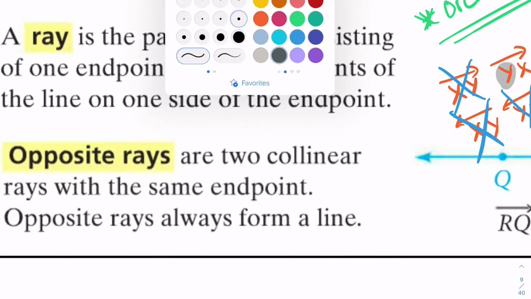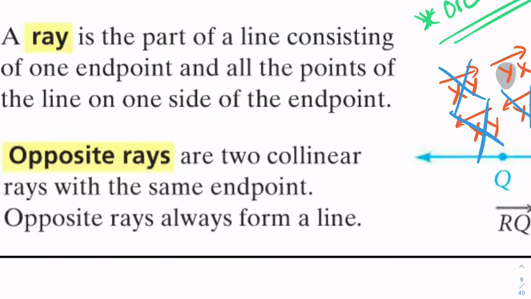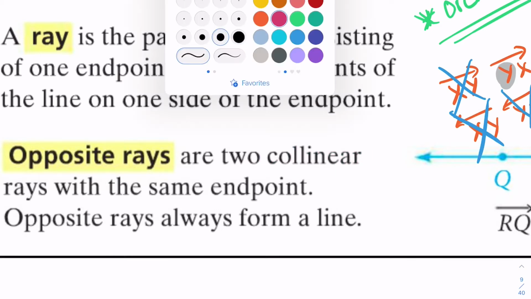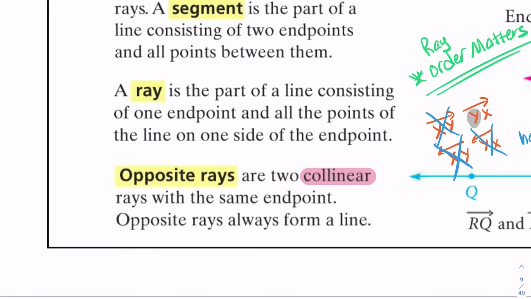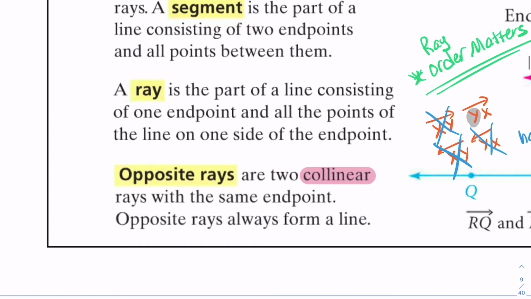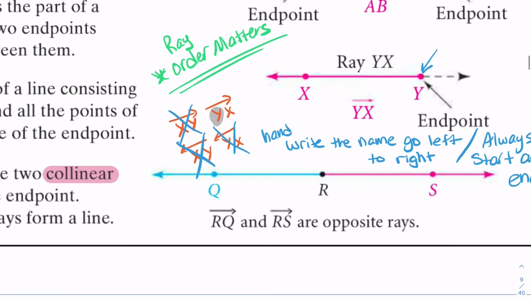That means they have to lie on the same line for them to be considered a pair of opposite rays. They always form a line, and they share the same endpoint.